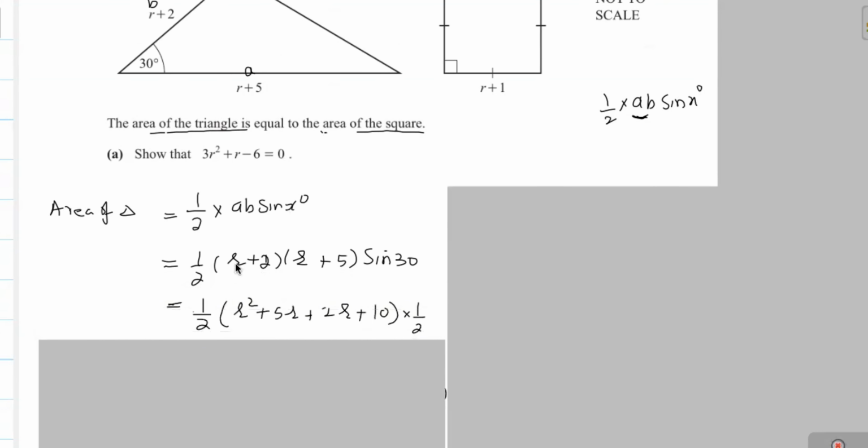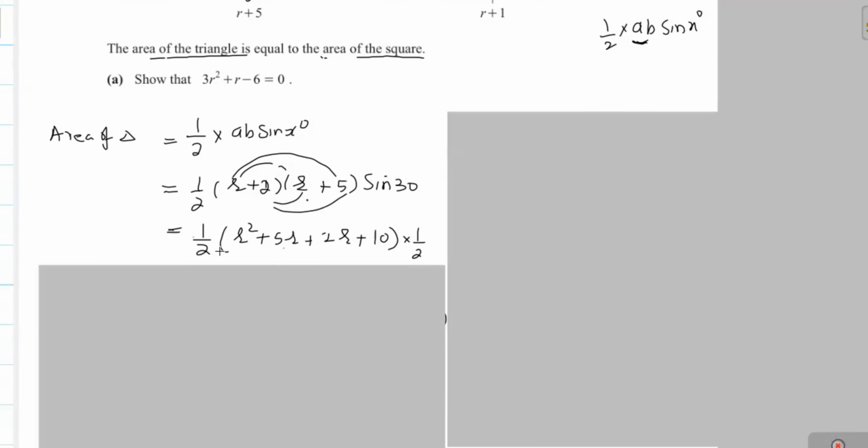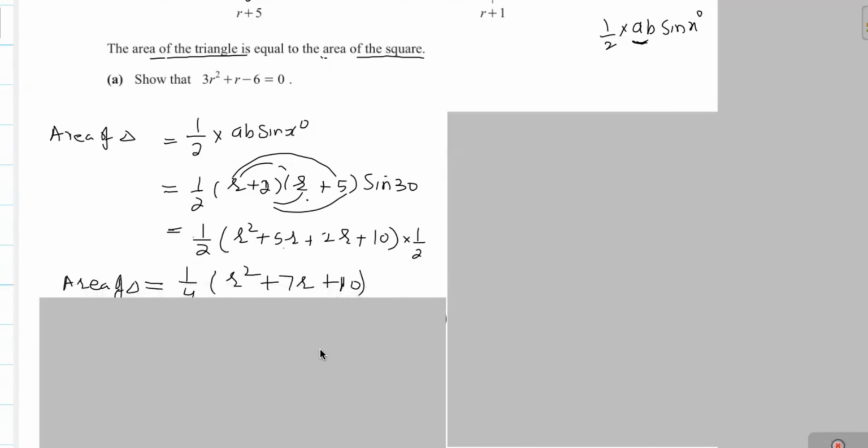Now we expand r plus 2 into r plus 5. When we multiply r into r, that becomes r squared, r into 5 is 5r, 2 into r is 2r, and 2 into 5 is 10. Sine 30 is 1 over 2. Now we simplify this more, we get 1 over 4 into r squared plus 5r plus 2r, which is 7r, plus 10.